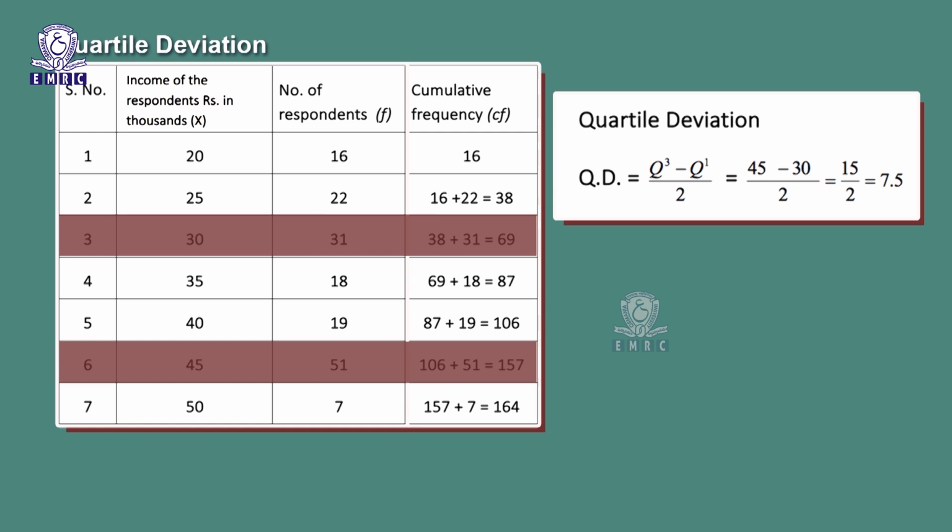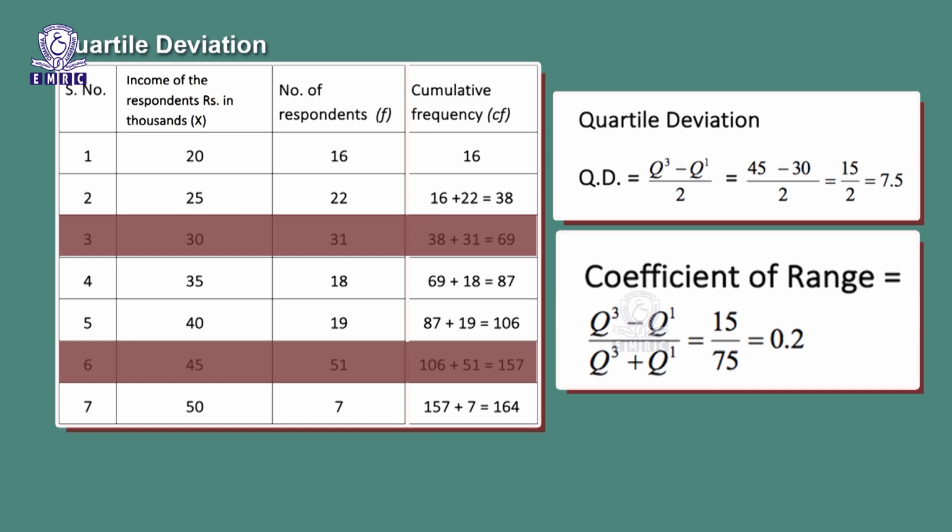So, the quartile deviation is 7.5. Let us calculate the coefficient of range. (Q3 minus Q1) divided by (Q3 plus Q1), which is equal to 15 divided by 75, which is equal to 0.2. So, 0.2 is the coefficient of range.